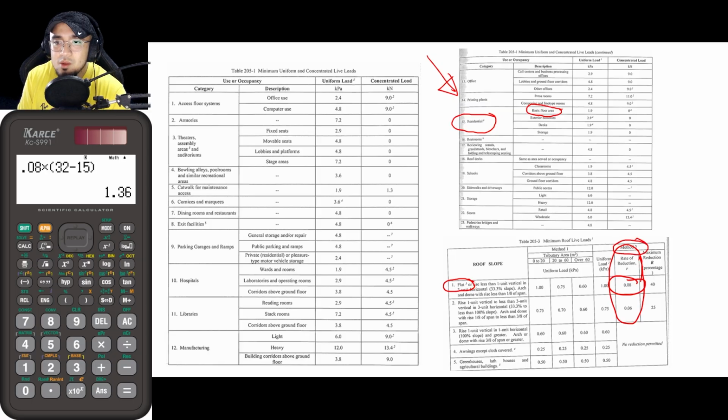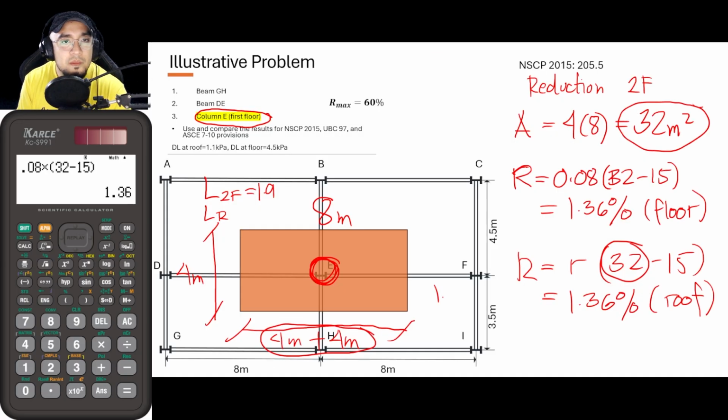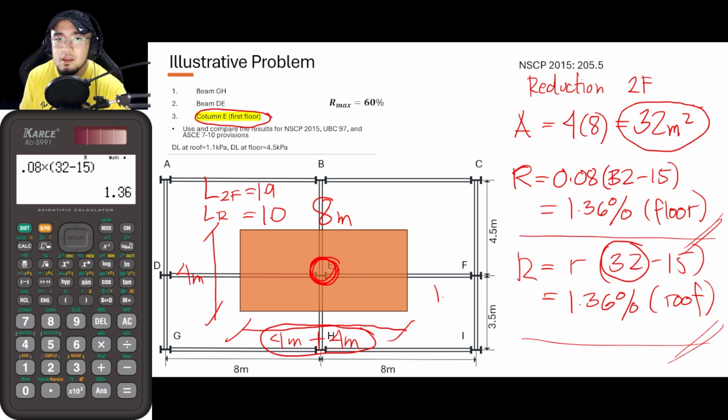If this is method 2, uniform load na gagamitin natin nandito, and with that, 1 kilopascal lang yung gagamitin natin. So from that guys, the roof live load is 1.0 kilopascal. Okay? So for that po, i-reduce lang po natin ng 1.36% yung live load ng roof, pati live load ng floor. Pero alamin po muna natin if pasok po sila sa Rmax.